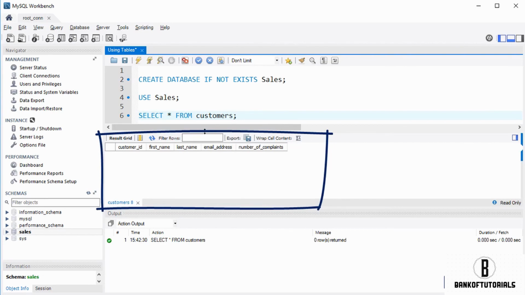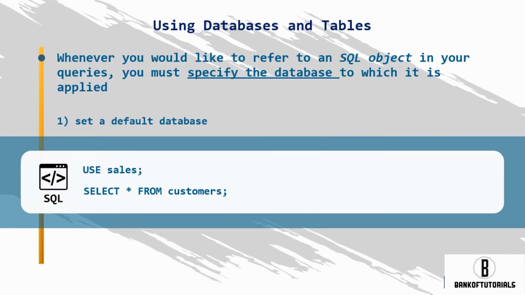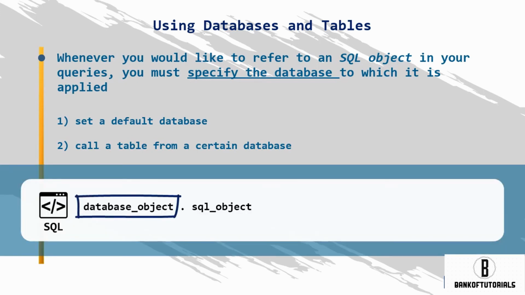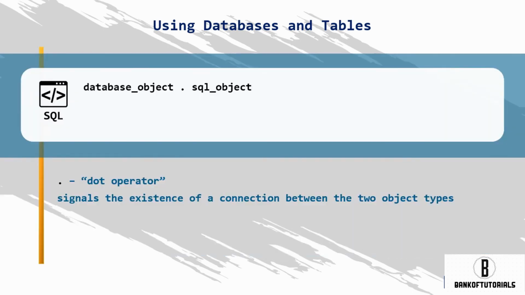The second way does not require you to have a default database. The syntax to call a table from a certain database, in other words, to use the information from a specific table, is the following. Name of the database object, dot, name of the SQL object. In computing terms, the dot is called dot operator. It signals the existence of a connection between the two object types.